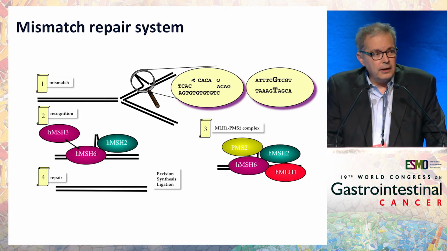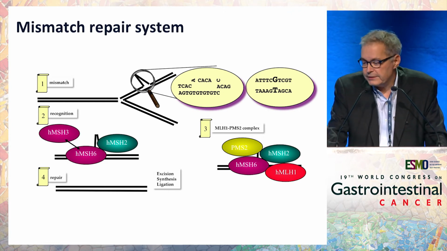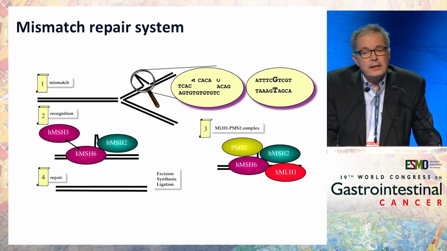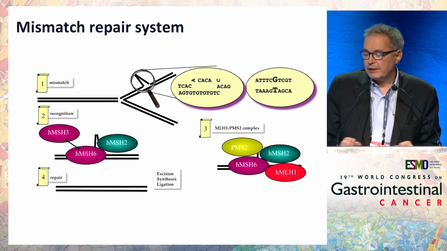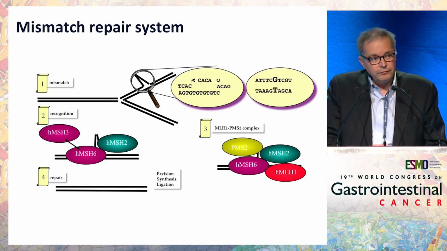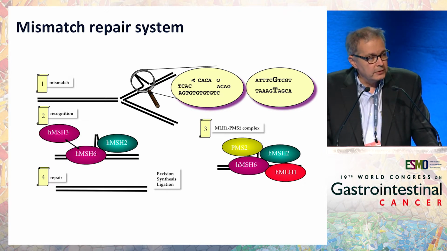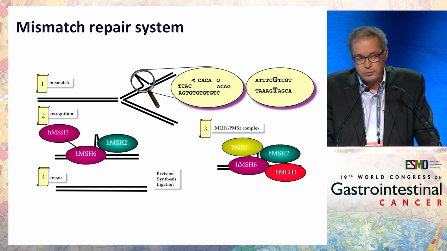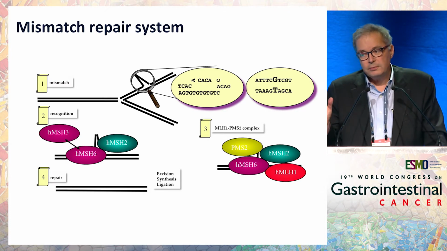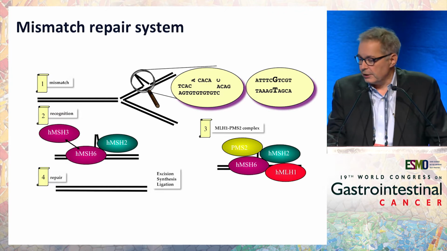These errors are corrected by the mismatch repair system. First, this error in the replication induces a modification of the conformation, which is recognized by one protein, the MSH2 protein, which is blocked by this modification of conformation.